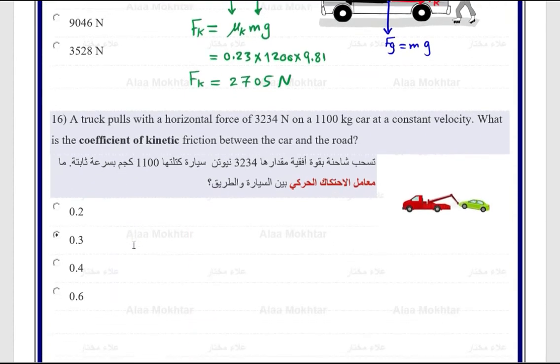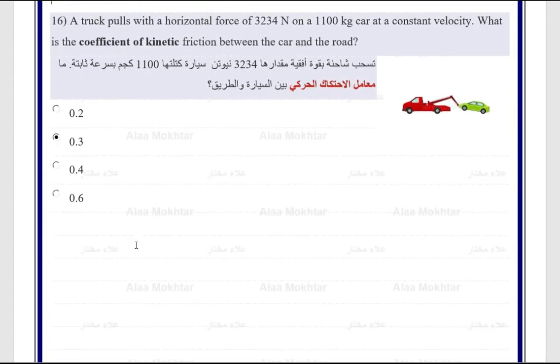The next question: a truck pulls with a horizontal force. What is the meaning of horizontal? Horizontal is in the x-axis. Horizontal force F on a 1100 kilogram car at a constant velocity means F net equals 0 Newton.